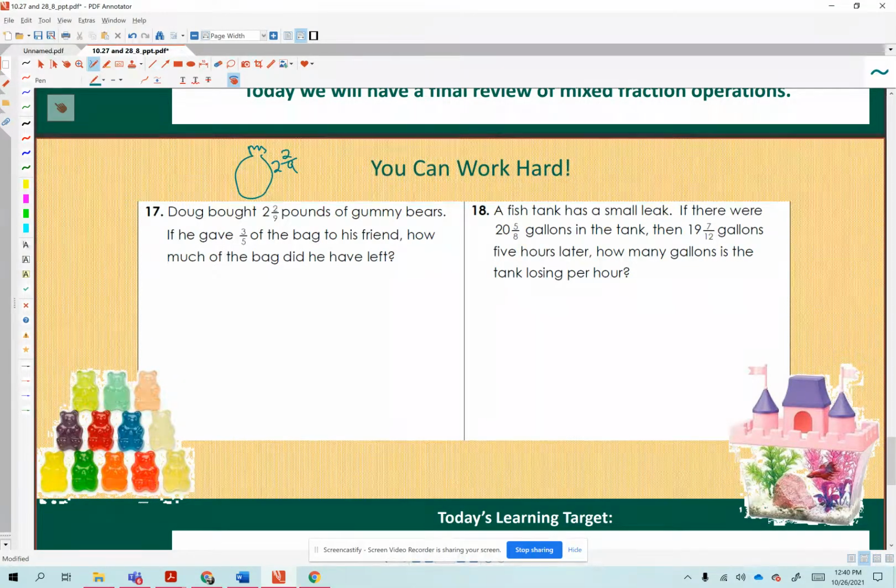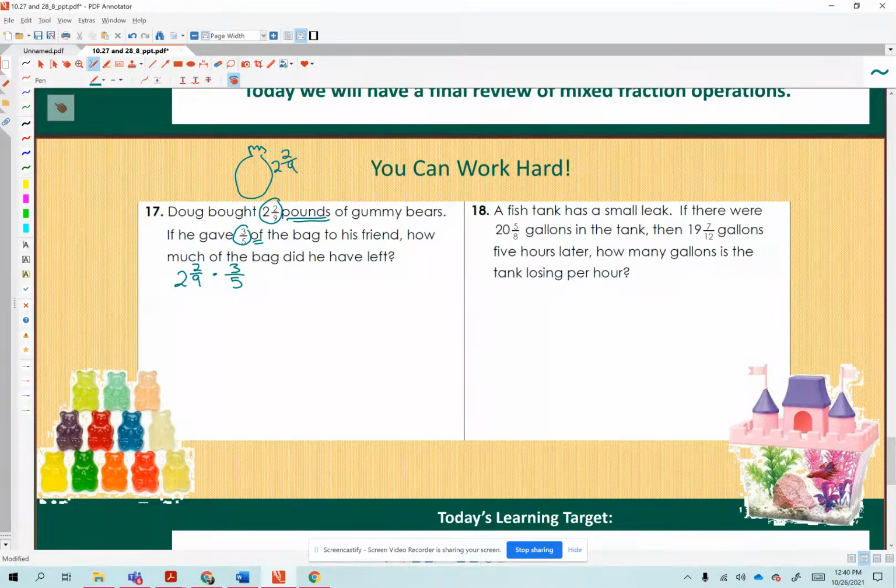So I know you might be tempted to subtract, but this is actually a multiplication problem. The word of is sometimes a key to us, but we're going to multiply 2 2/9 times 3/5, because the first fraction that we have refers to pounds. The second fraction we have refers to an amount, 3/5 of the bag.